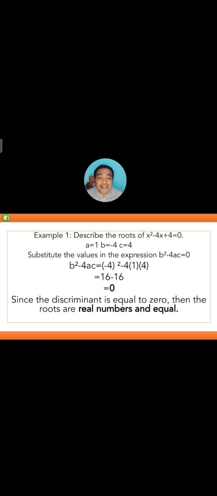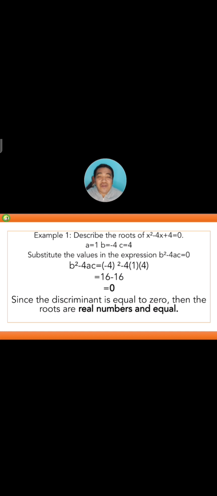So we have negative 4 quantity squared is equal to negative 4 times negative 4, that is 16, minus 4 times 1 is 4, times 4, so we have 16. So that is why 16 minus 16 is equal to 0. So the value of our discriminant here is 0. Since the discriminant is equal to 0, then the roots are real numbers and equal.